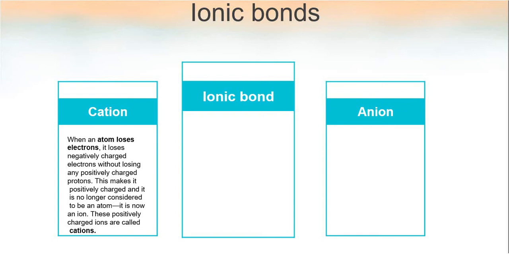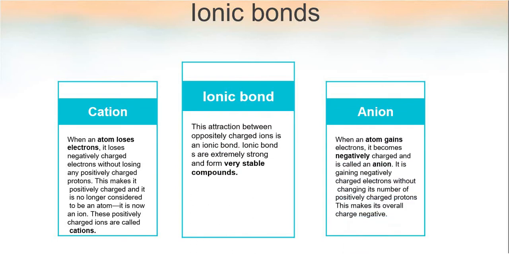So, isa siyang positively charged na element, and it is called a cation. While sa element B, nag-gain siya ng electrons, which makes the number of her electrons more pa kaysa sa number ng kanyang protons. So, naging negatively charged element siya, which is called an anion.